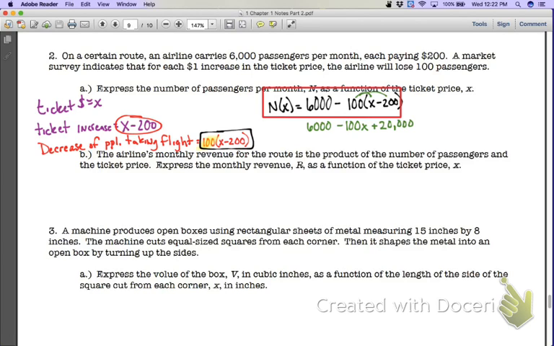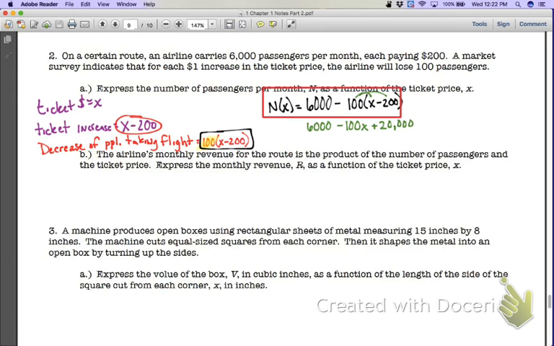I'm not sure whether you would have this type of problem, if it would want it in the parenthesis. I think this is easier. I think what's in the box is easier for students to understand because they get, okay, if the ticket price is $225, I'm going to take 225 minus the 200, and then multiply that by the 100 and go that route.